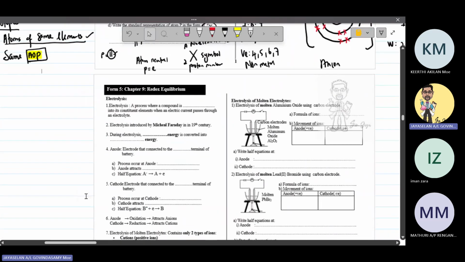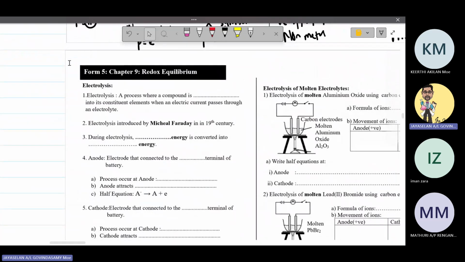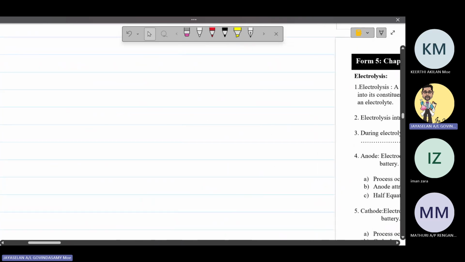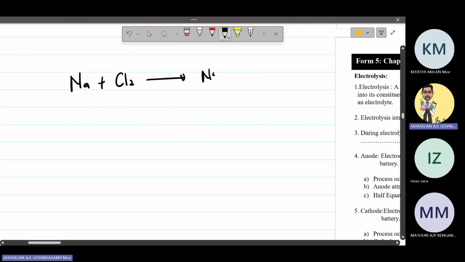Okay, now we go for electrolysis. What is electrolysis? Anyone? The definition must be memorized. Let's see, say we take sodium and react with chlorine, you will get salt, NaCl. This is called a compound.